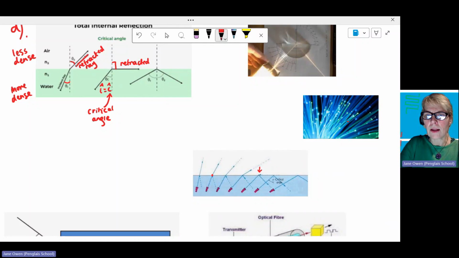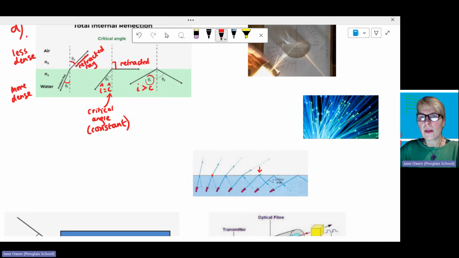If I move the torch so that the incident angle here is bigger than the critical angle, and the critical angle is one constant for that material. If you change the material, you'll change the critical angle. If you change the constituents inside, say, glass, you can change the critical angle. But for one type of glass, you will have one critical angle. It's a constant. I'll put that down, a constant.